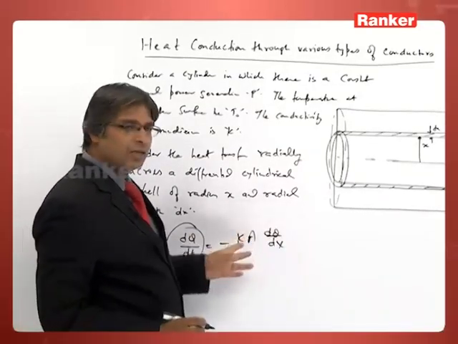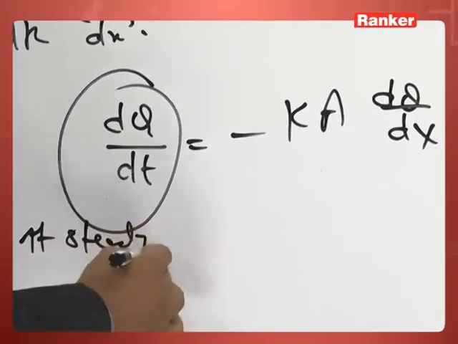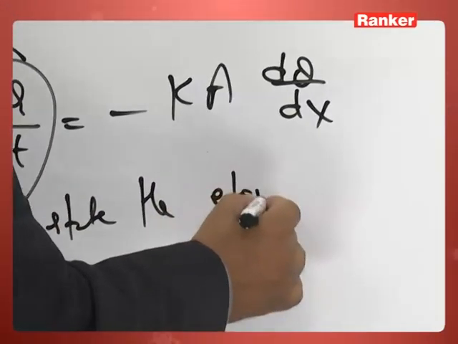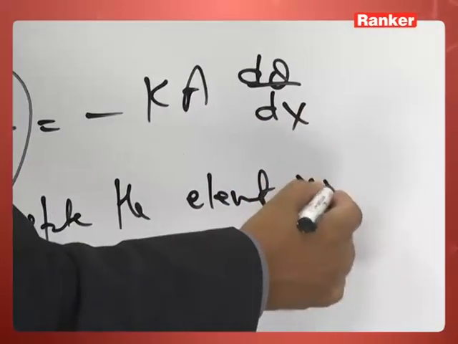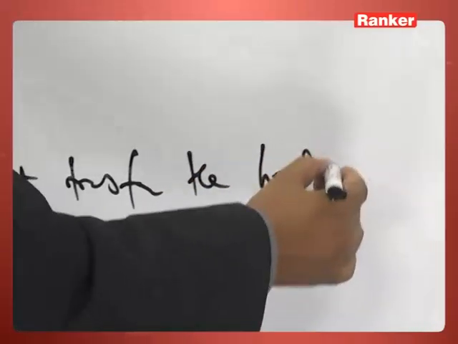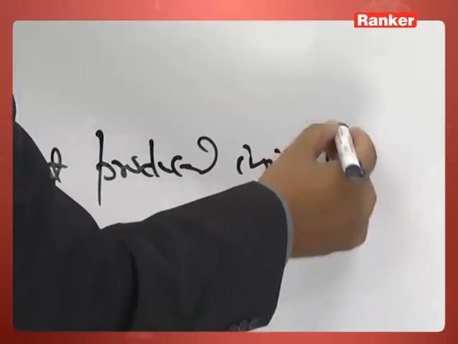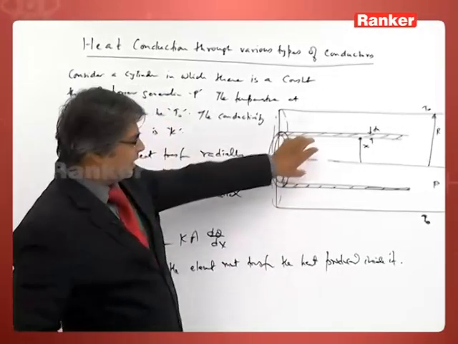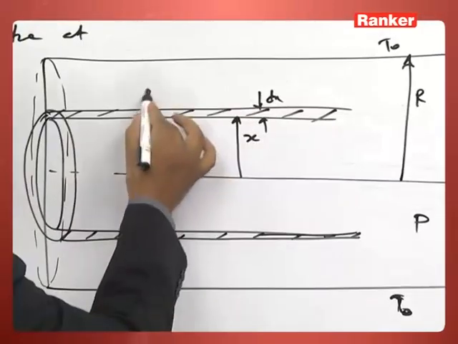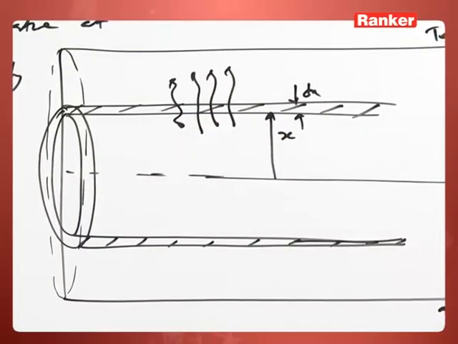This is given by this law, and at steady state the differential element must transfer the heat produced inside it. That means, whatever heat is produced inside the cylinder must be transferred outside through this area. So, let us apply this.